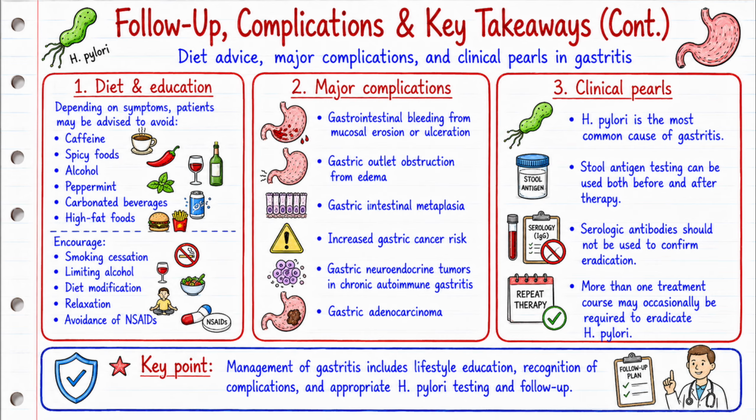Smoking cessation, limiting alcohol, avoiding unnecessary NSAIDs, and maintaining an appropriate diet should be encouraged. Potential complications of gastritis include gastrointestinal bleeding, gastric outlet obstruction, gastric intestinal metaplasia, gastric adenocarcinoma, and gastric neuroendocrine tumors associated with chronic autoimmune gastritis.